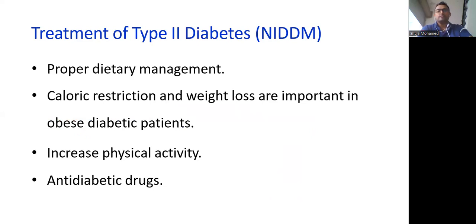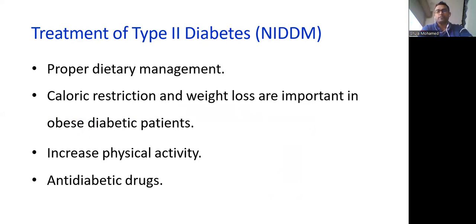Treatment modalities of type 2 diabetes: dietary management, where we fix the calorie intake and your weight. Then increase physical activity. And the last one is anti-diabetic drugs, either insulin or oral hypoglycemic agent.